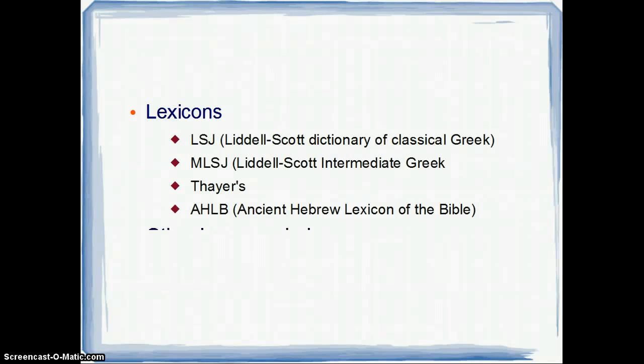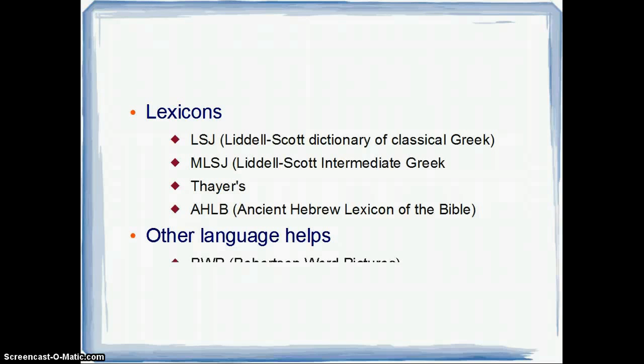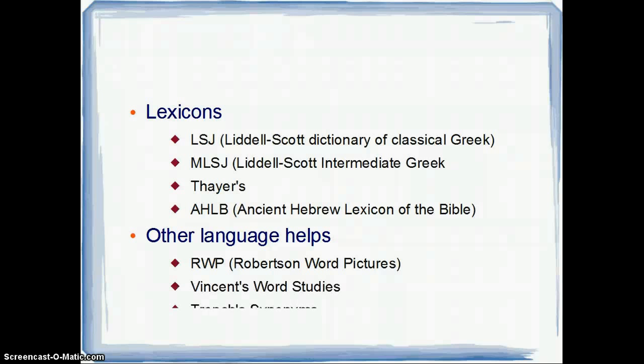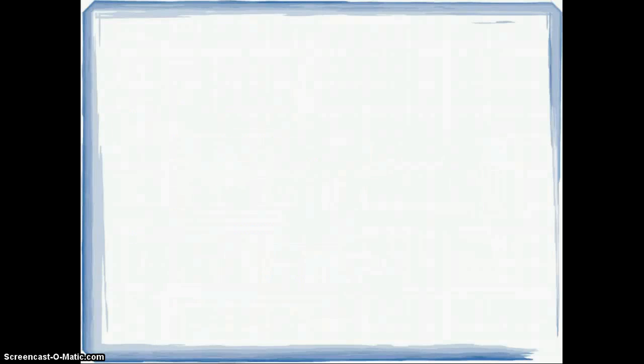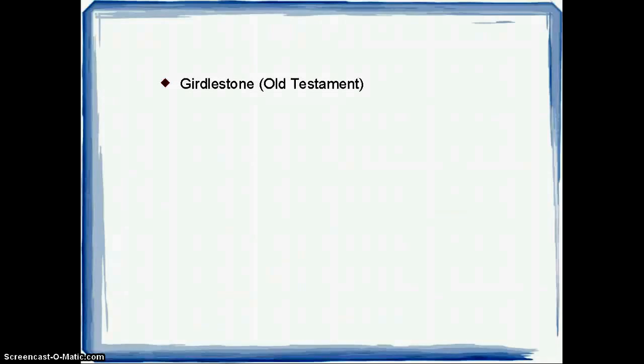So it's a good dictionary. Then there are some other language helps that I would recommend: Robertson's Word Pictures, Vincent's Word Studies, Trench's Synonyms, which is for the New Testament, as well as Girdlestone's Old Testament Synonyms.